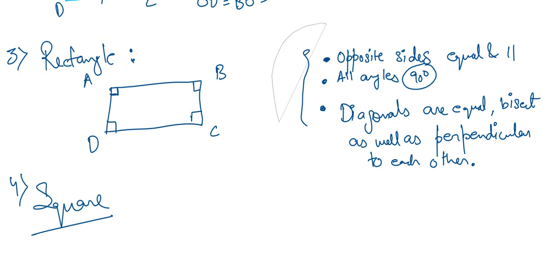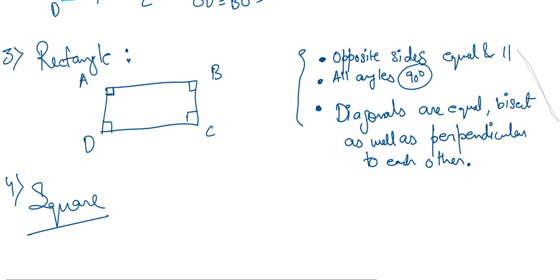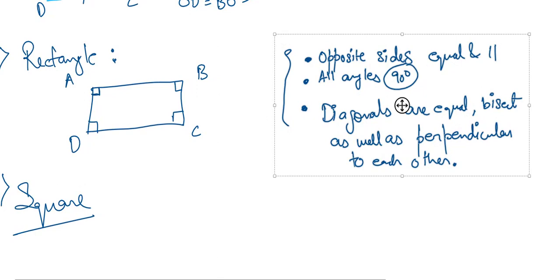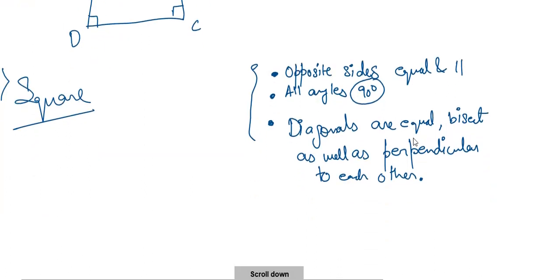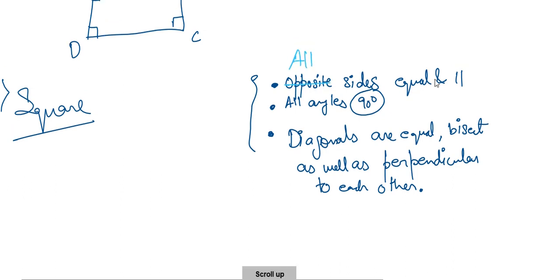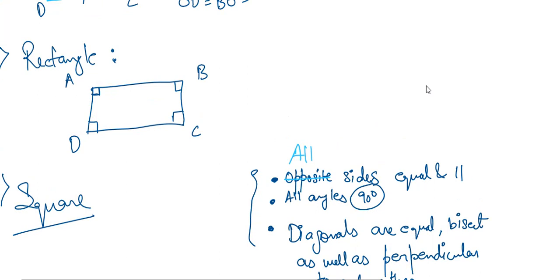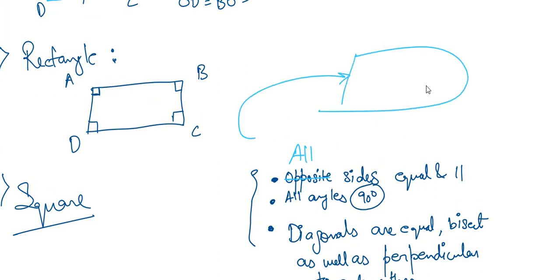If I combine these two properties, I would have the same property, just the word opposite would be deleted. It would be like all sides are equal and parallel. All these properties are also here.